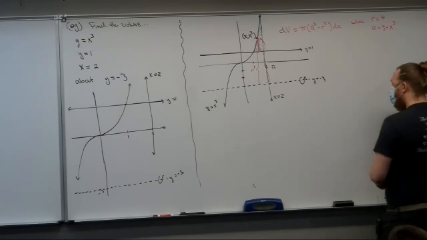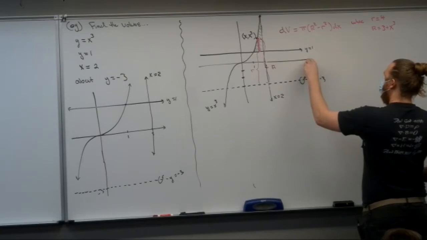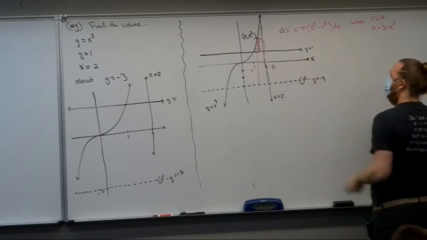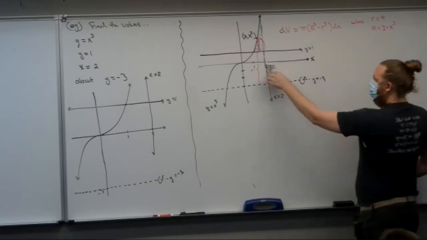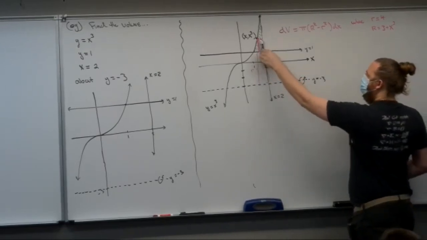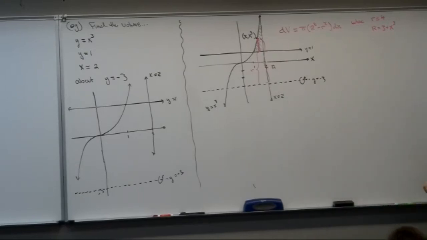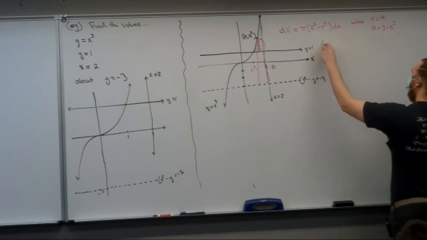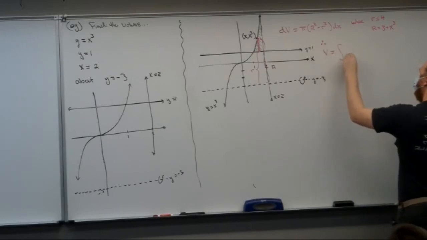Everybody following that? This is the x-axis. To get from here to here, that's 3. To get from here to here, that's x cubed. So plugging those things in and integrating, V is the integral of dv.